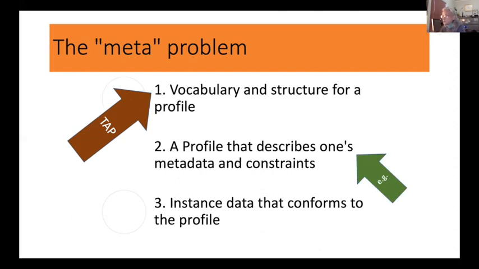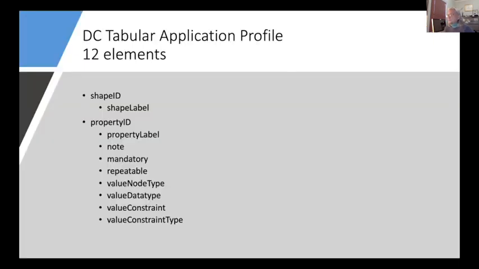And we're not going to show instance data and how it conforms to the profile. Maybe we can do that at another time, but that got to be too complex. So the application profile, the tabular application profile, has only 12 elements. Very simple, and yet we think quite powerful.